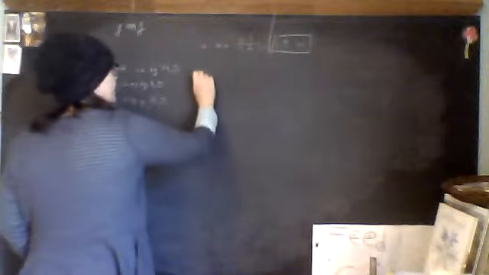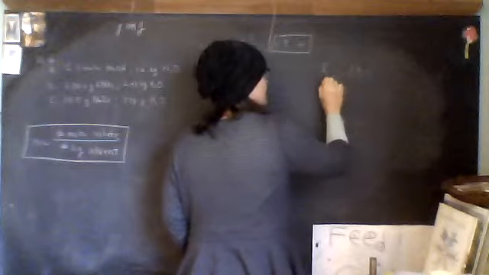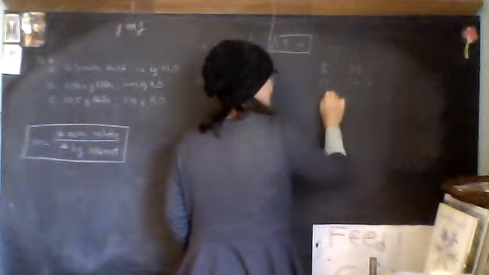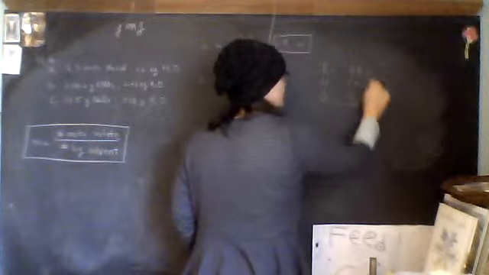How about letter B? We don't have the number of moles of the solute, but we can calculate it because we can figure out the molecular weight of KNO3. K is 39.1. N is 14.0. And oxygen is 16.0 times 3 is 48.0.